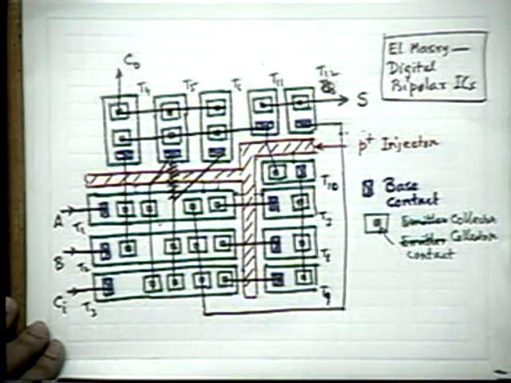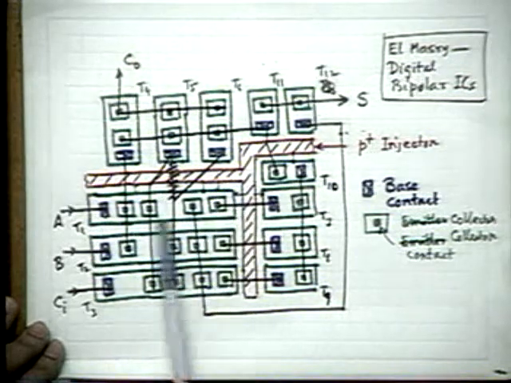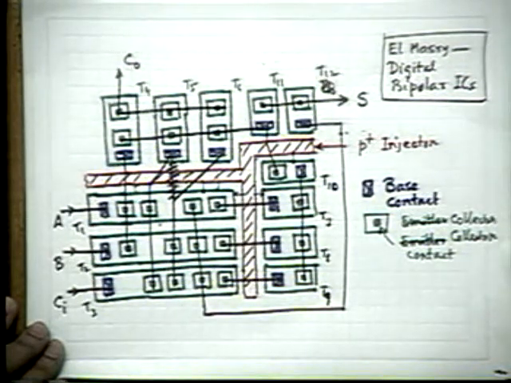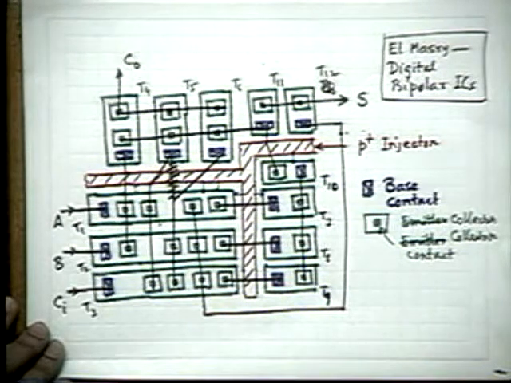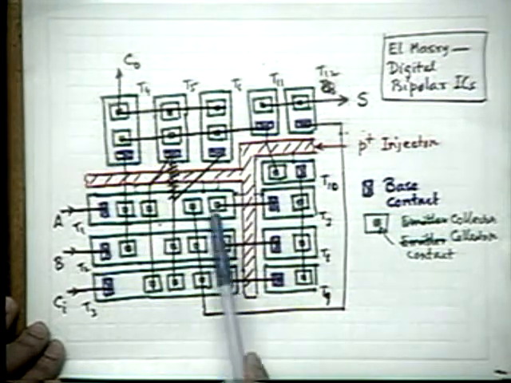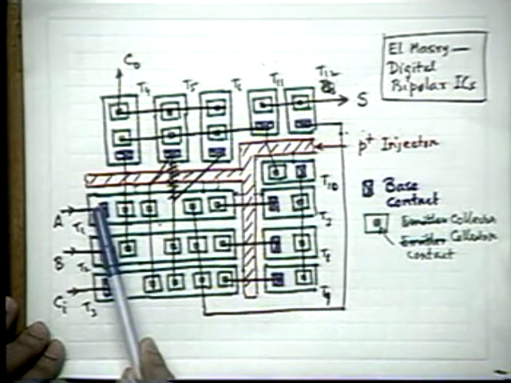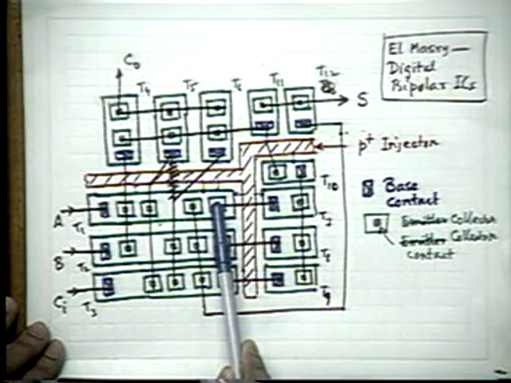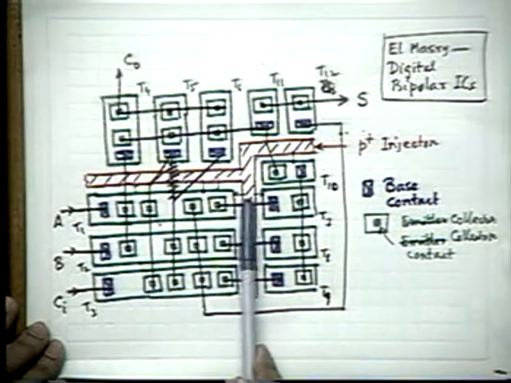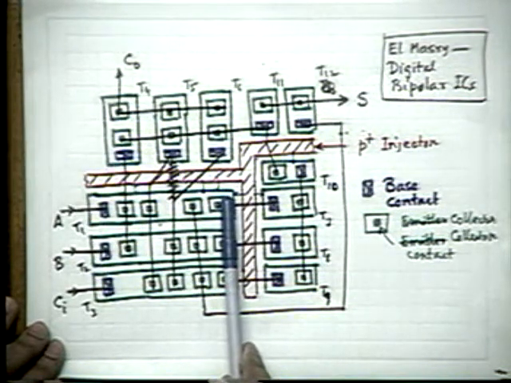That should be kept in mind. Therefore, this part of the base and this part of the base should behave identically, but that will not actually happen. The holes are being injected from the side, and by recombination, they will gradually be lost as you go away from these collectors.